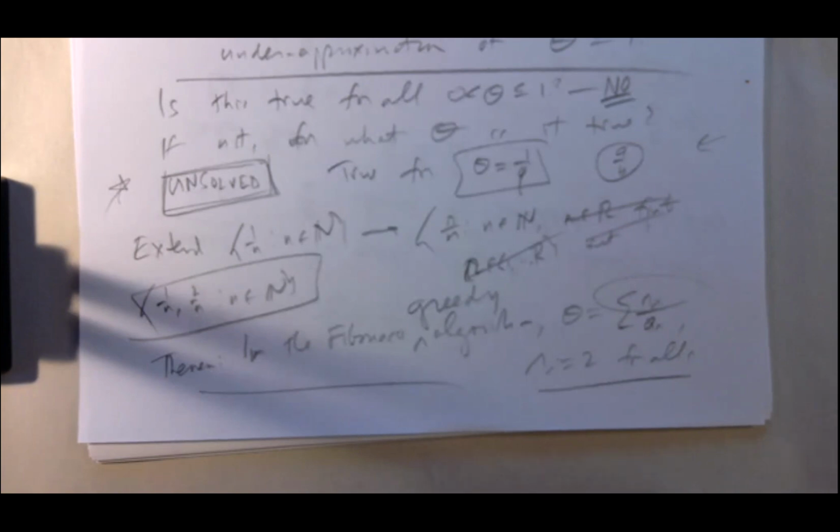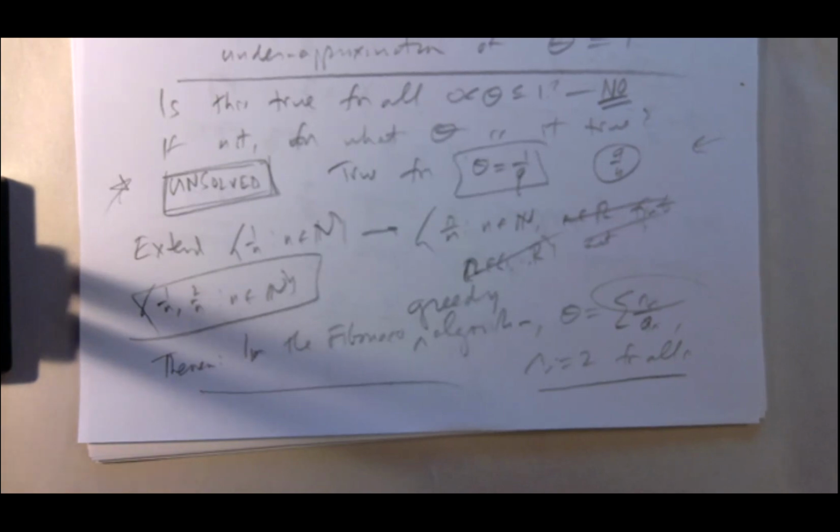All right. Yeah, the other thing is the question of the length of the representation of a rational number in terms of Egyptian fractions.